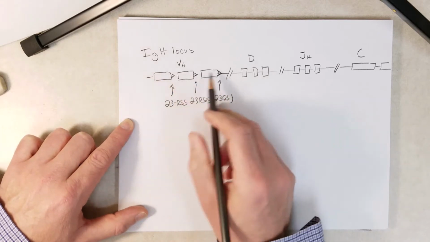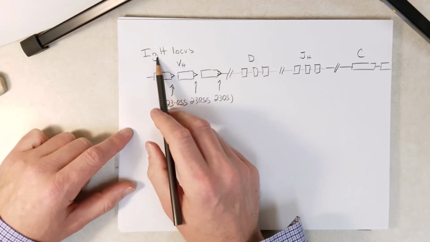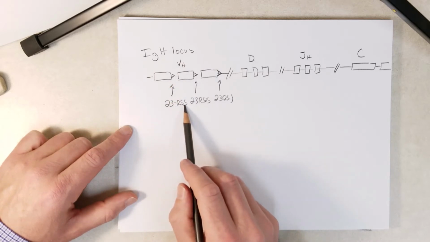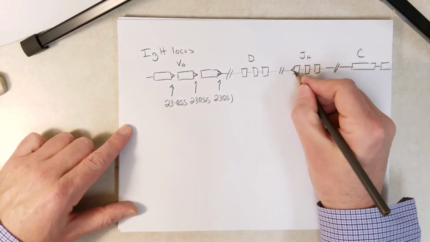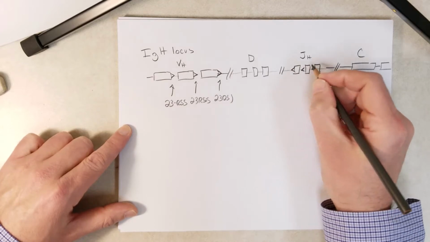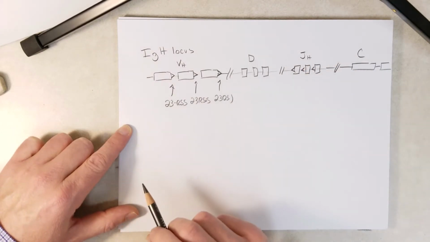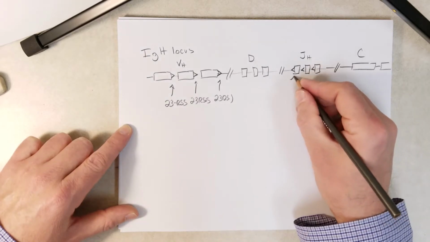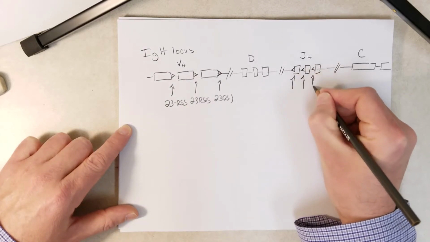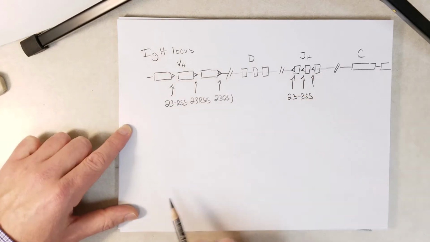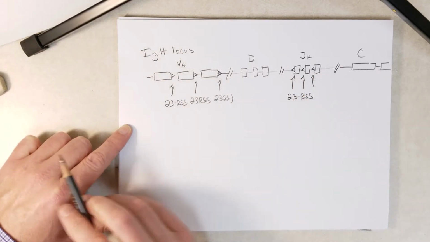So every one of these VH segments at the IgH locus is going to be followed by a 23 RSS. Similarly, all of the JH segments at the IgH locus will be preceded by a 23 RSS. So each of these has a 23 RSS.